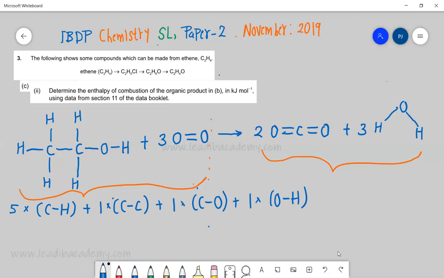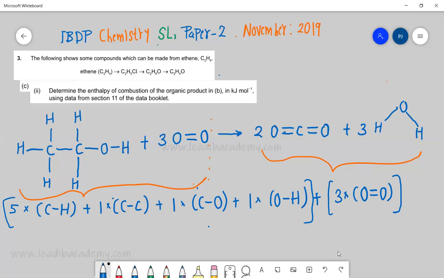Okay. And so this takes care of ethanol, and in case of oxygen, there are straightforward 3 numbers of O double bond O. Okay, that's all.